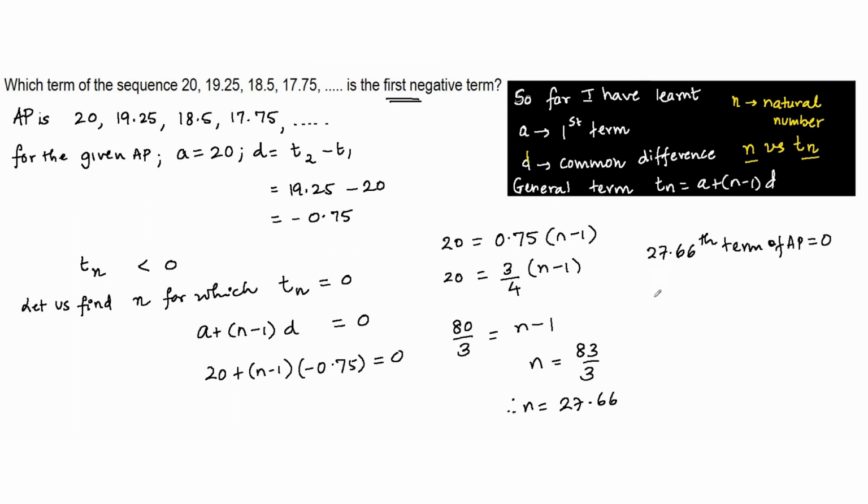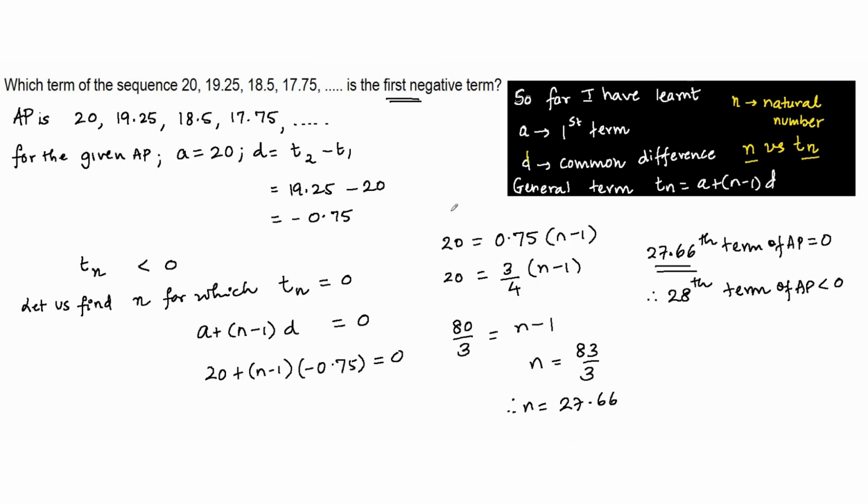So the 28th term of this AP is going to be the first negative term, right? So the 27th term is going to be close to 0. The 27.66th term is equal to 0. But we know that n cannot be 27.66 because n has to be a natural number.